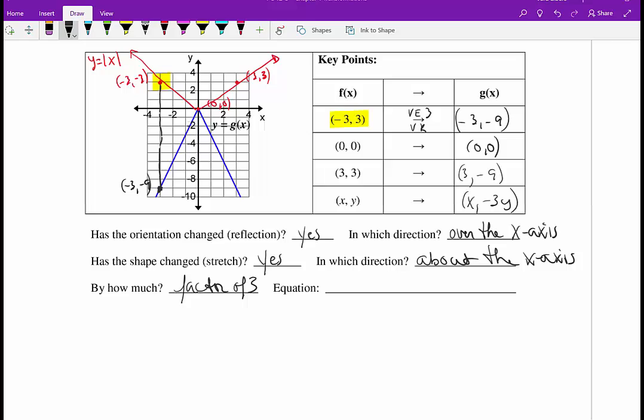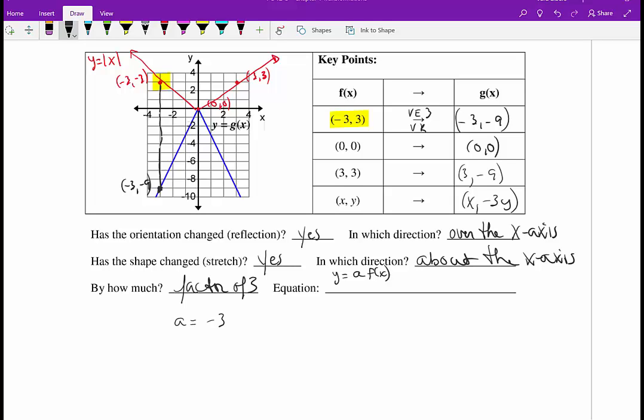Okay, so it looks like, if you recall, the base formula for a vertical stretch is y equals a f of x, right? Okay, so that means that if I'm going to change all of my y coordinates by negative 3, it looks like my a value then is negative 3.